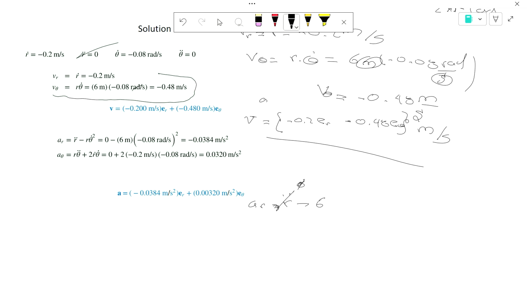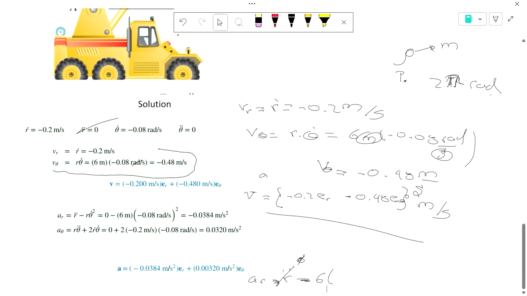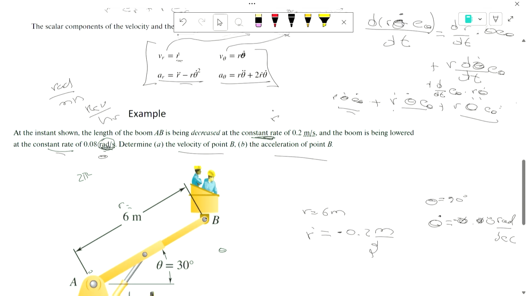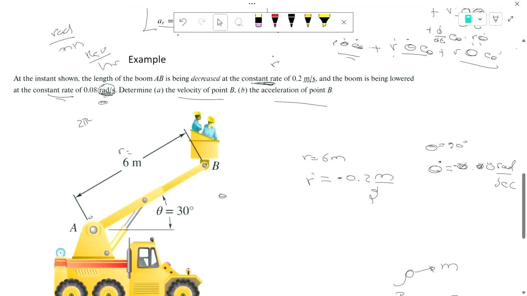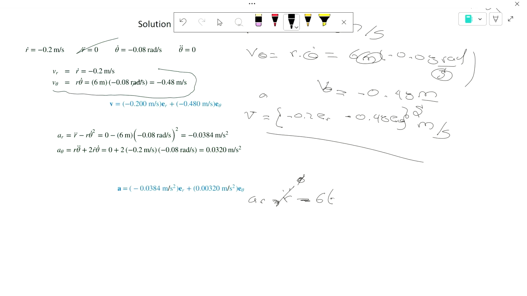It was constant, as the problem told us, minus r, which is 6, times the rate of angular rotation, which was 0.08 radians per second. So this is negative 0.08 squared.